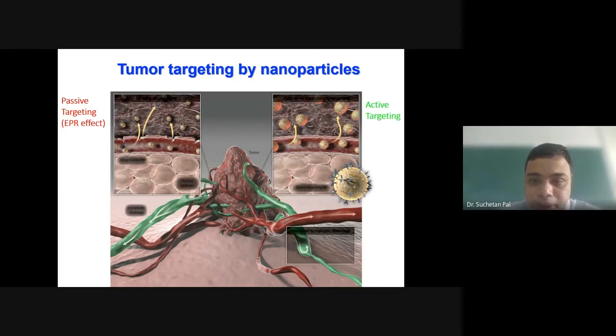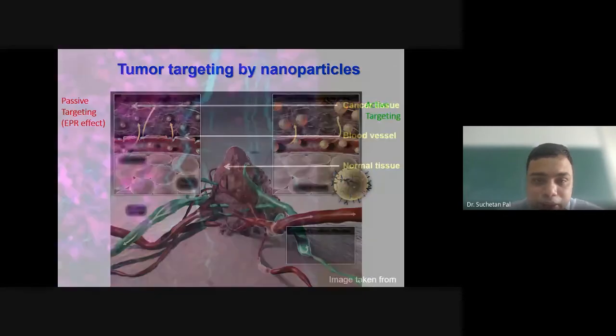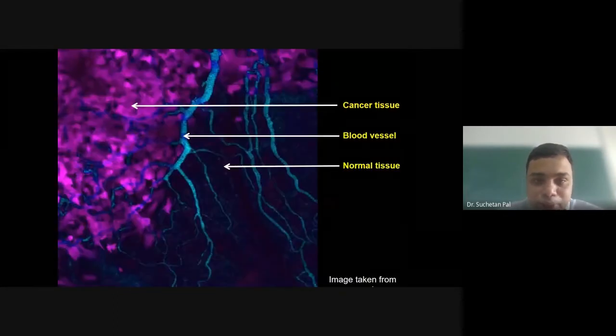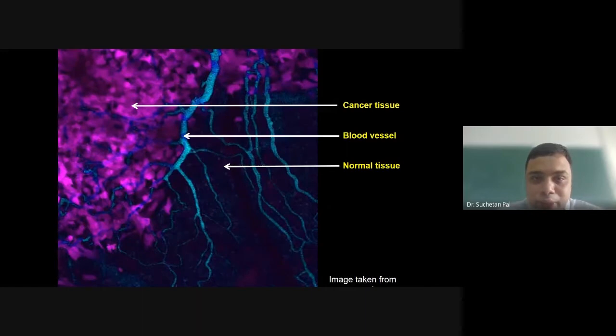Okay, the second one is called active targeting, right? This is just one example, an image showing that you have injected a nanoparticle that is emitting purple light, and this nanoparticle goes to the tumor tissue specifically and lights up the tumor tissue in purple color.